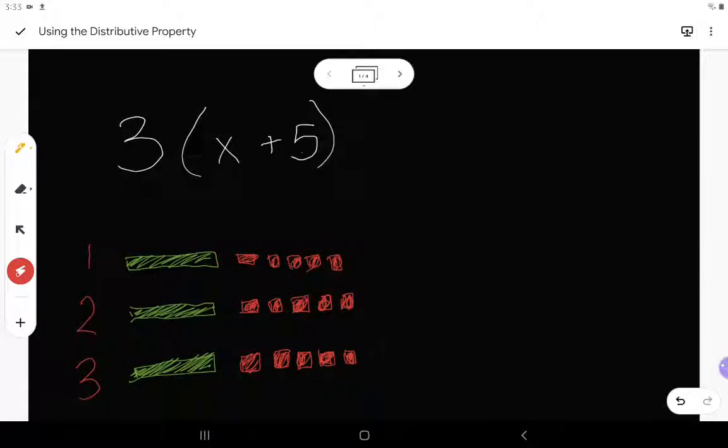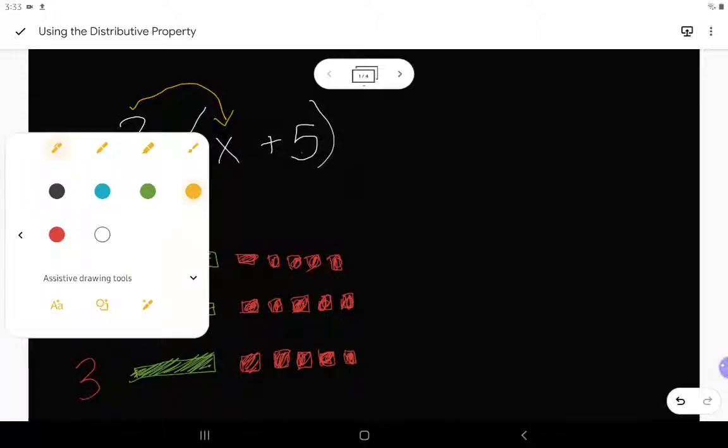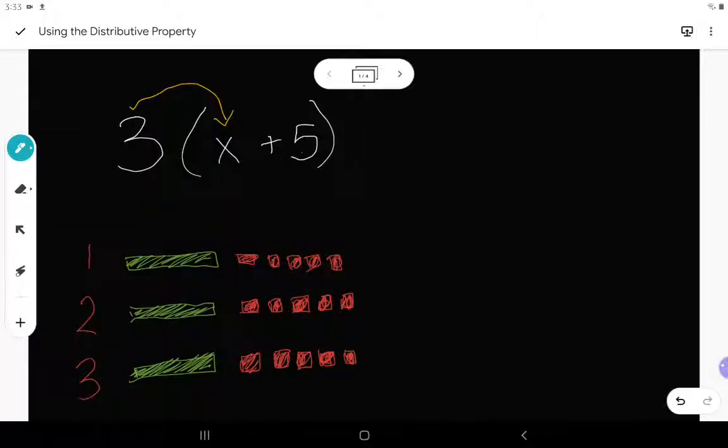Okay? And so what I hope you saw in the last video is the pattern: really what's happening is I'm taking this 3 and I'm just multiplying everything inside the brackets by that 3. And that's really all we're doing. I'm going to multiply everything inside the brackets by what was sitting out front.